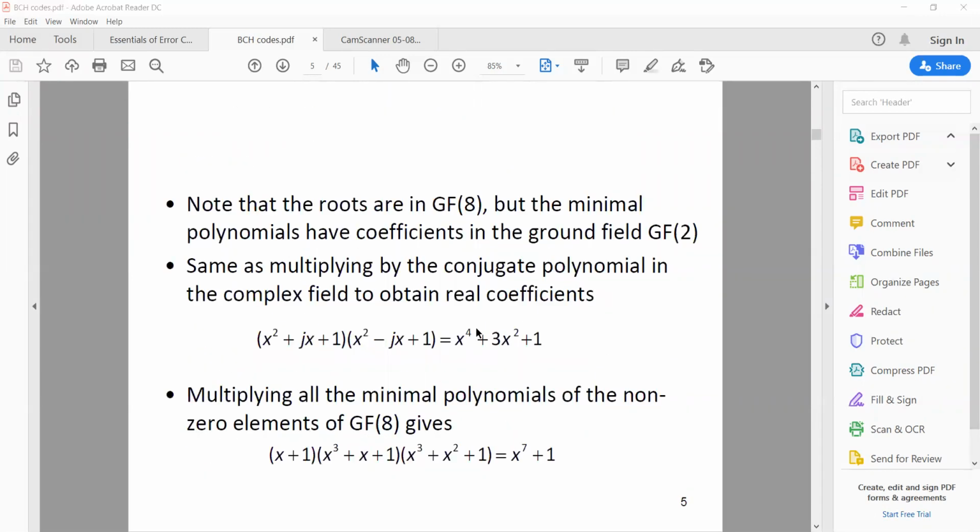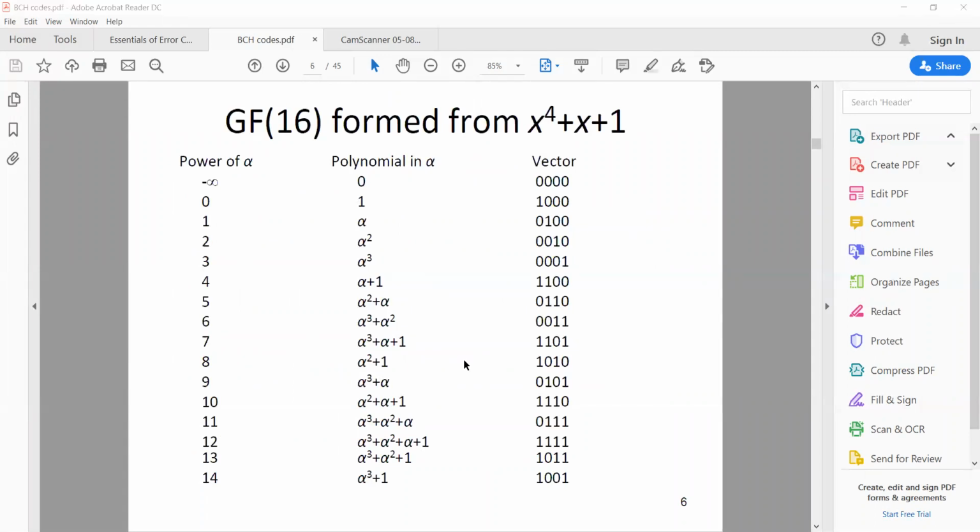Okay. So this was basically for GF8, that means 2 to the power 3, where 3 was the highest degree of the polynomial. Now, though it is not in your syllabus, I'm just trying to show you that this is also applicable for GF16, that means 2 to the power 4, where 4 is the highest degree. So the equation is x to the power 4 plus x plus 1. For this case, we again have to derive these polynomials in alpha, and these are the corresponding vectors, that means the 4-bit representation.